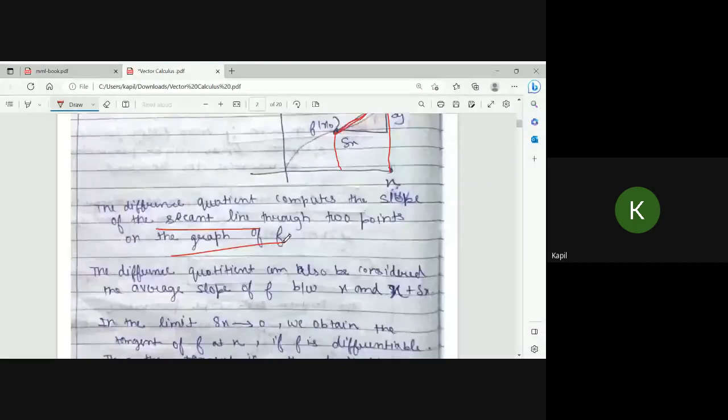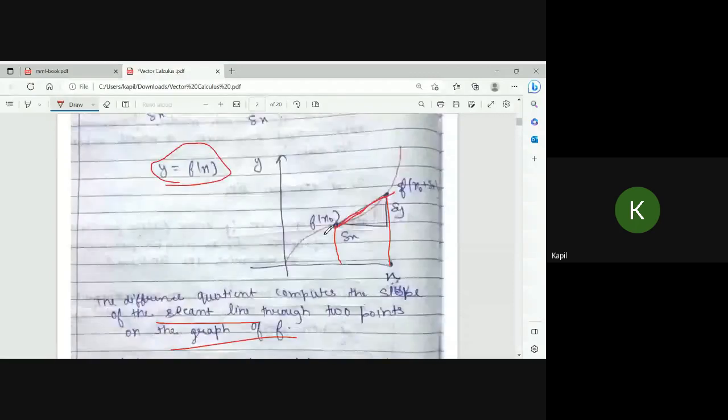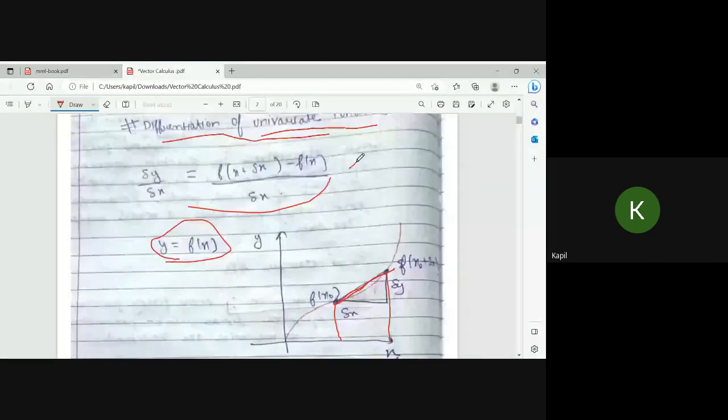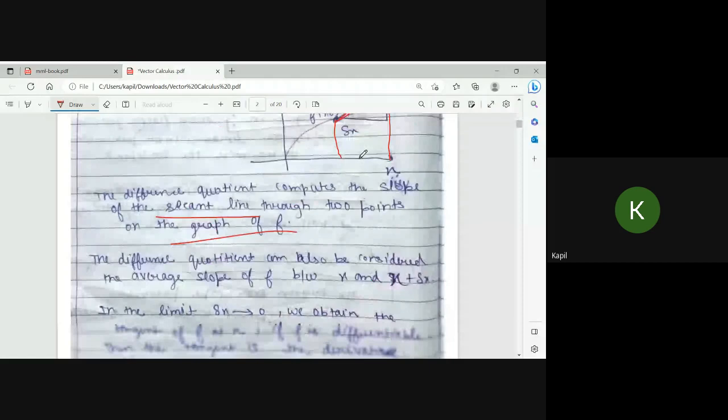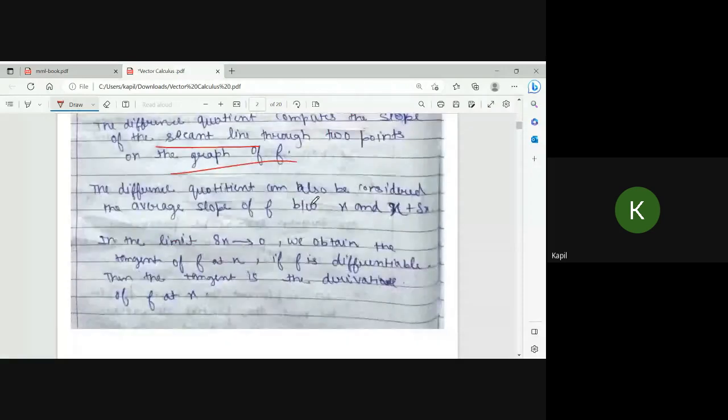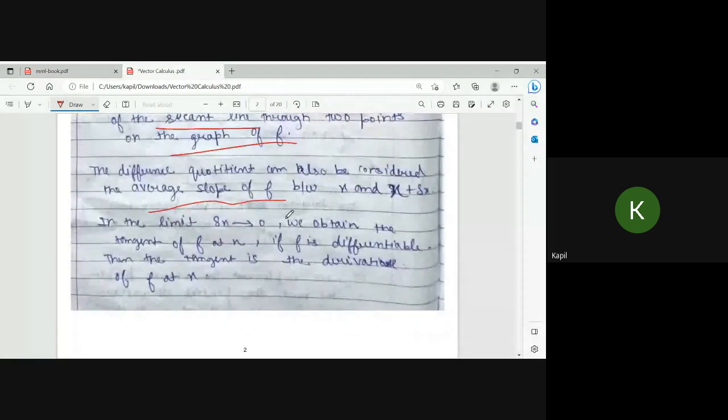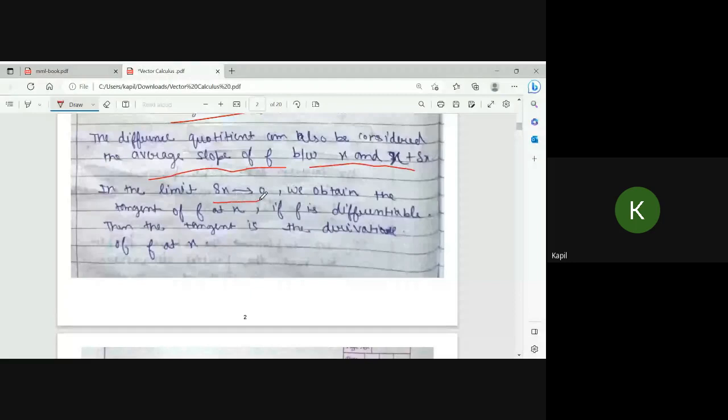As we have seen, through these two points f(x naught) and f(x naught plus delta x), we have found the slope of the secant using this formula. But the difference quotient can also be considered as the average slope of function f between x and x plus delta x. In the limit, if we put delta x tending to 0, we obtain the tangent of f at x.